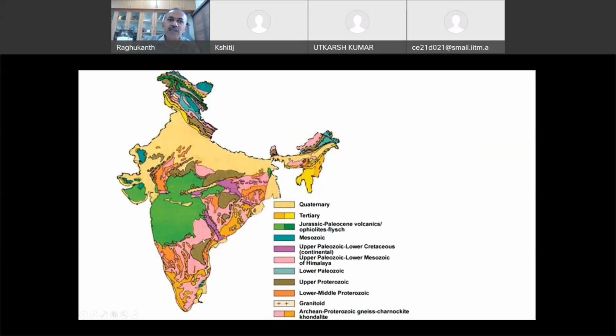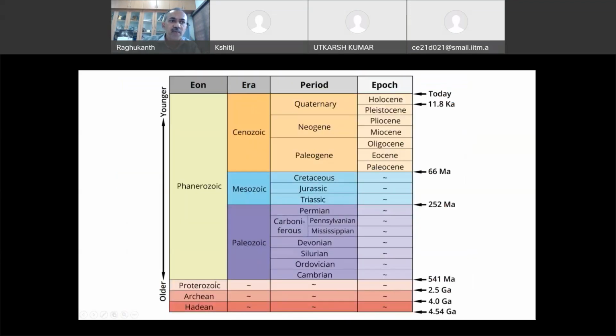So now if somebody says Kadapa Basin is older or Deccan Traps are older, what is your comment? See, when the Kadapa Basin was formed, you see the color here? Upper Proterozoic actually, so you can see Upper Proterozoic means here. The Kadapa Basin was formed here.